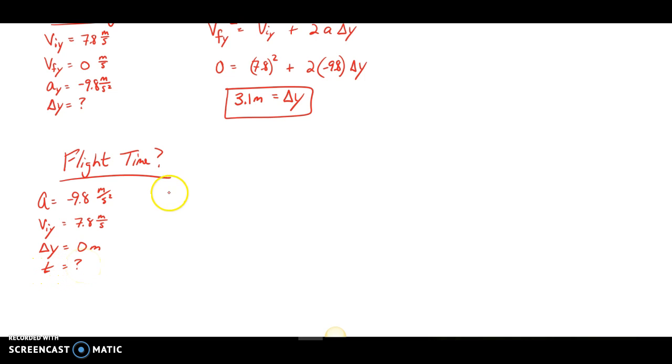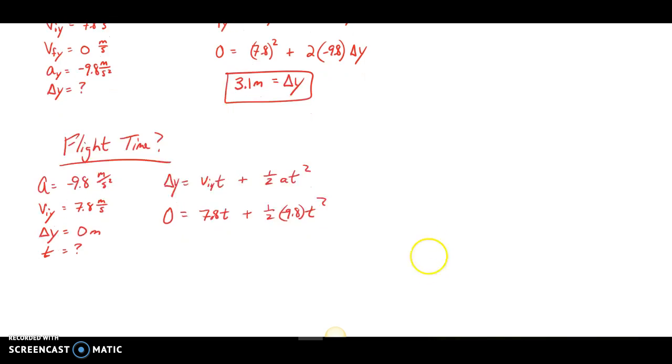Look back at your kinematic equations. You've got delta y equals Viy times t plus 1/2 a t squared. So 0 equals 7.8 t plus 1/2 times negative 9.8 times t squared.